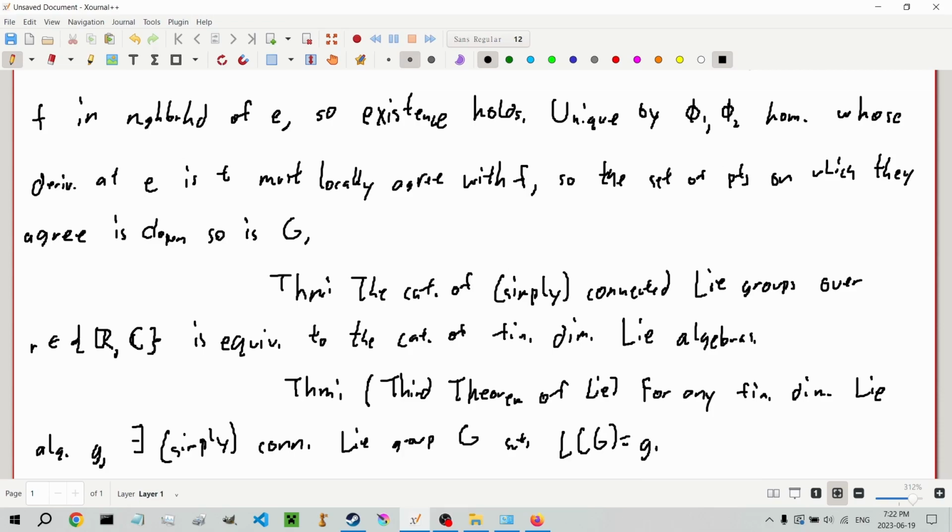And we've already seen this before in different contexts. So this was first proven by Cartan, which we will sketch, after giving a shorter proof based on Ado's theorem.